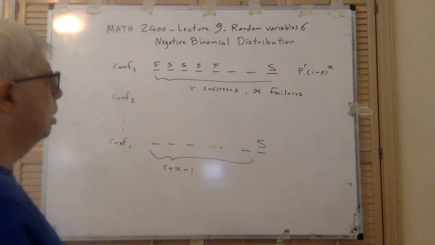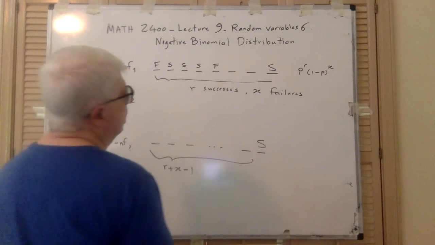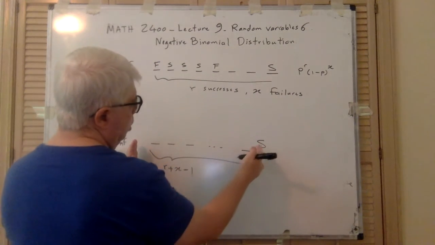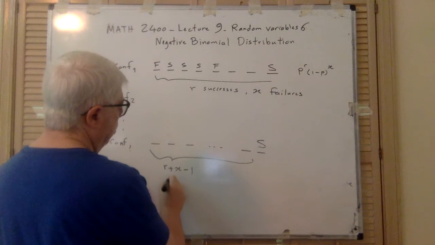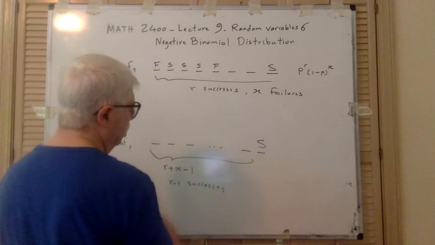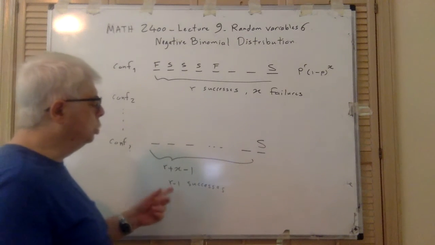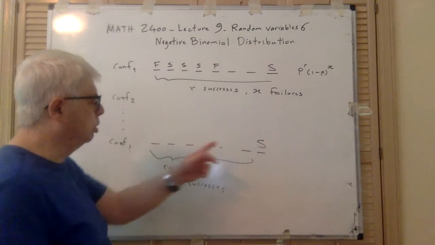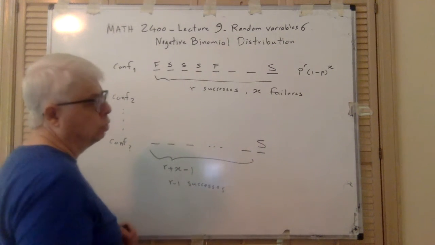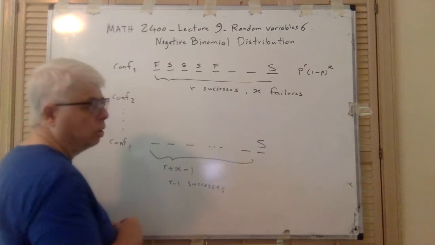Then out of this, since one success is already used, I have R minus 1 successes. So it's like R plus X minus 1 choose R minus 1. I'm just throwing some balls, say R minus 1 balls, and each of these holes takes one ball.